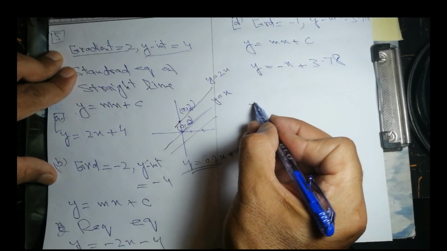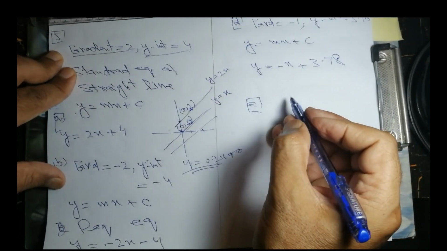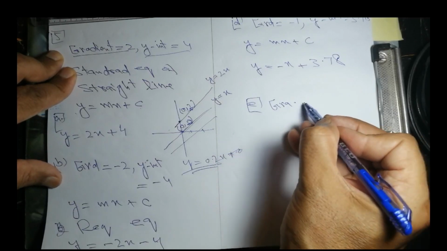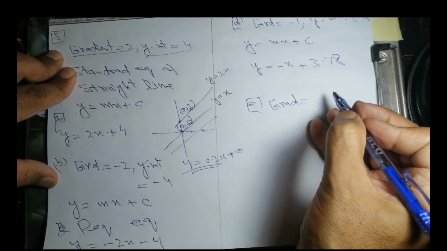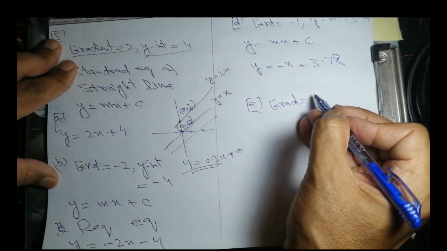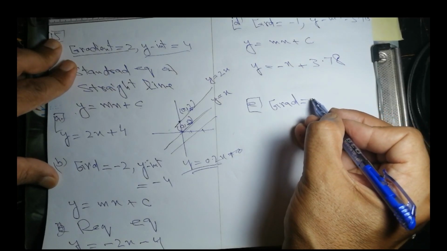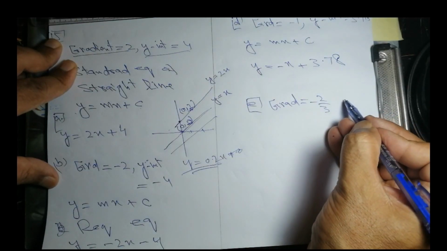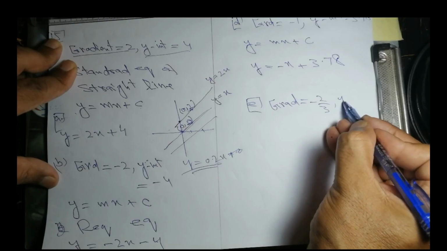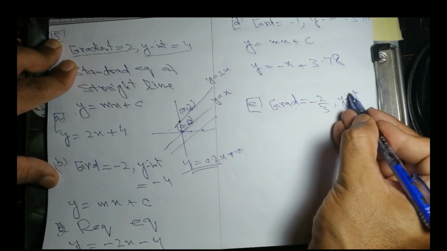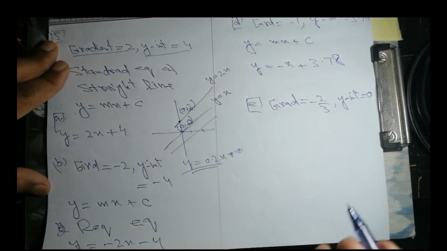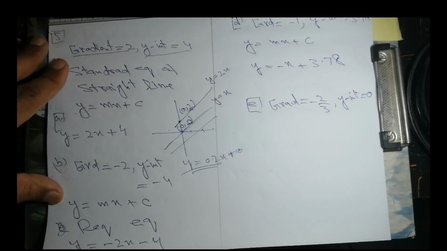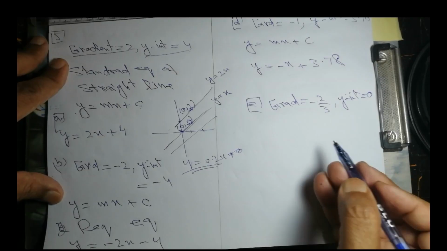Part E, the gradient given is minus 2 by 3, and the y-intercept is 0. So y-intercept 0 means the line is passing through the center 0, 0.